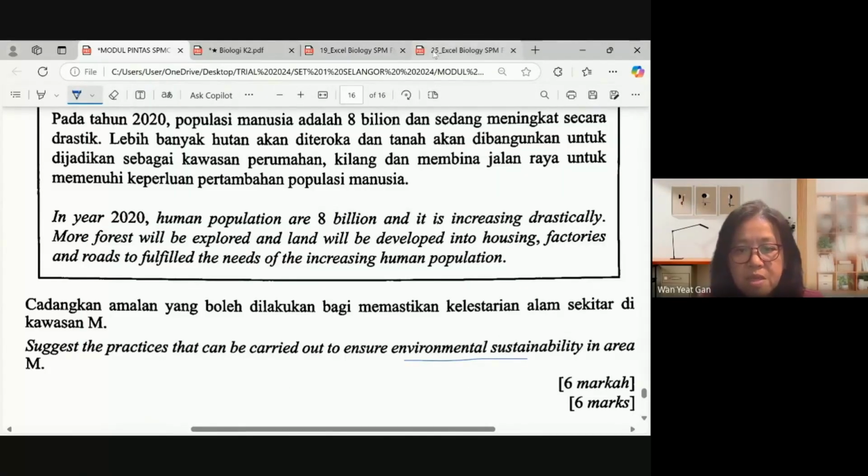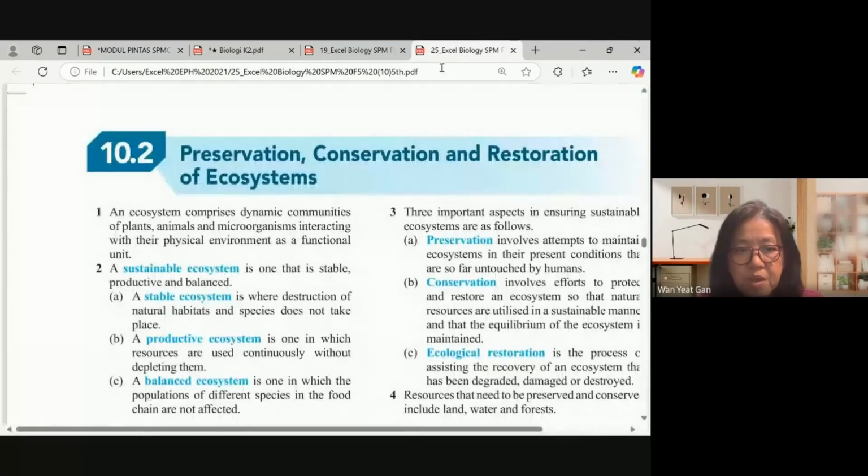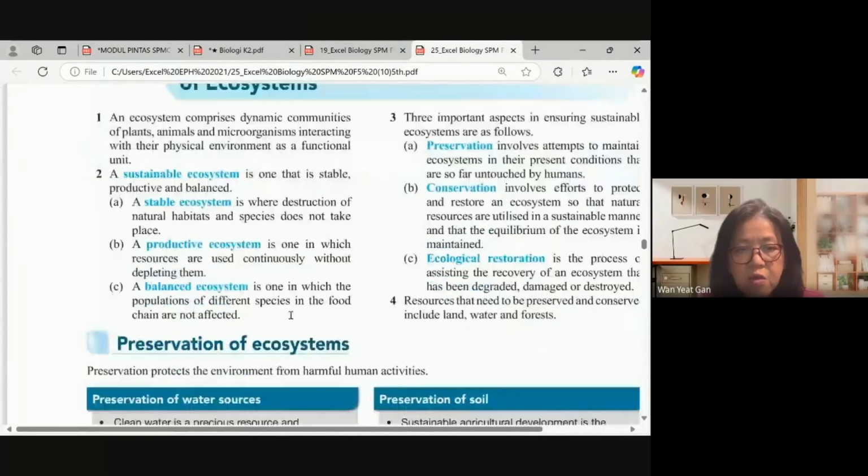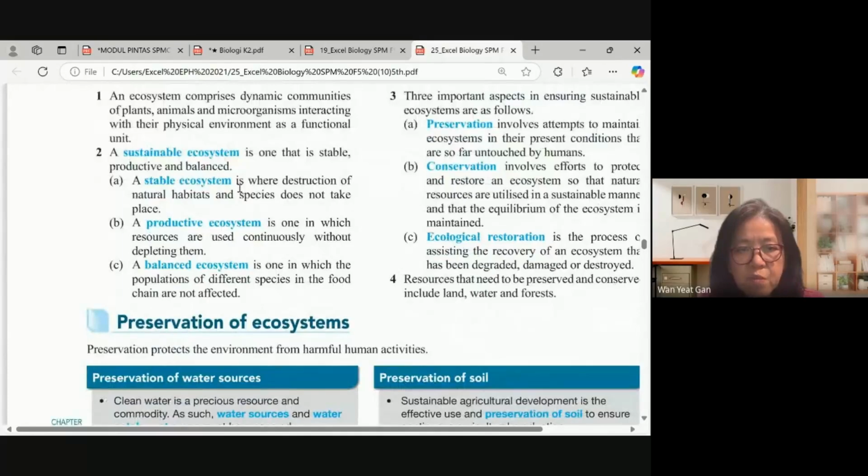What is the meaning of environmental sustainability before we look at the practices? A sustainable ecosystem is the ecosystem that is stable, where disruption of natural habitat and species does not take place. So we want to ensure the ecosystem is stable, productive.